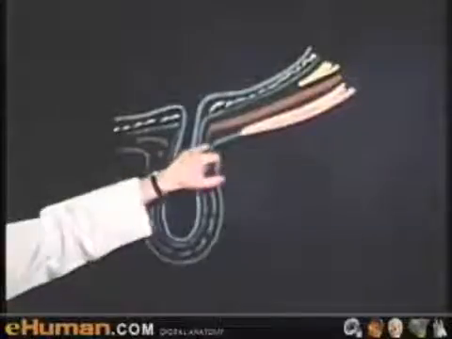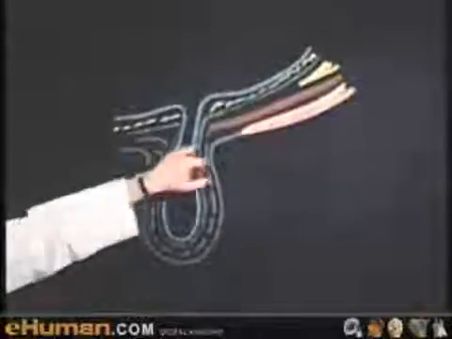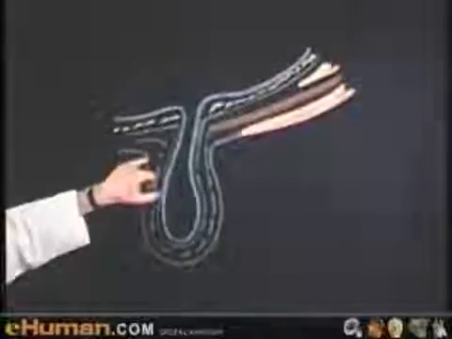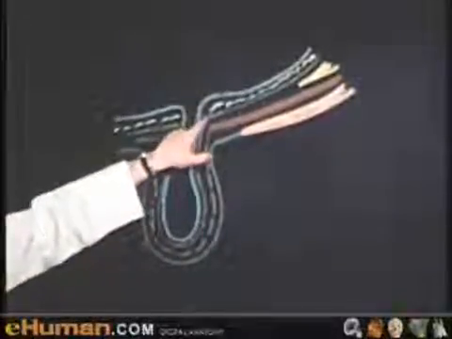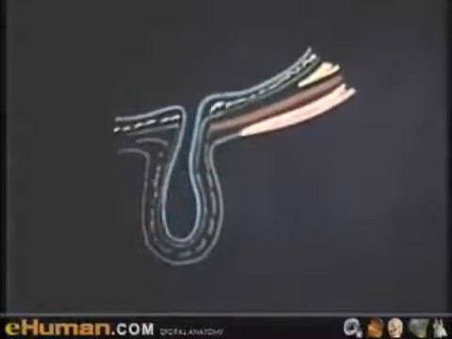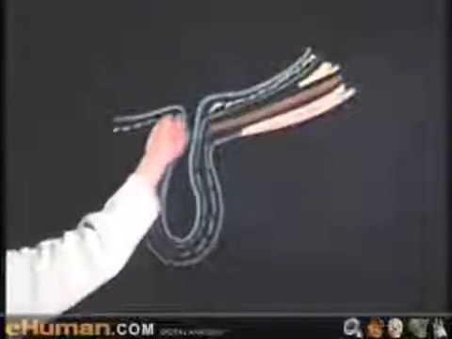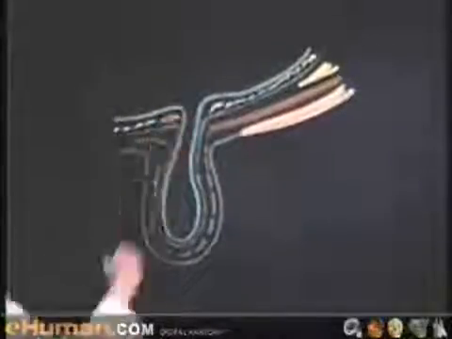This region here, the opening in the aponeurosis of the external oblique, is known as the superficial inguinal ring. This opening in the fascia transversalis is known as the deep inguinal ring. And for the sake of completion, we put in here the inferior epigastric artery.